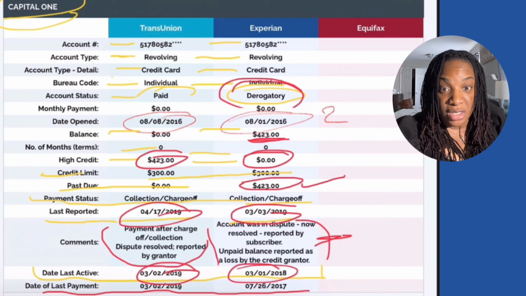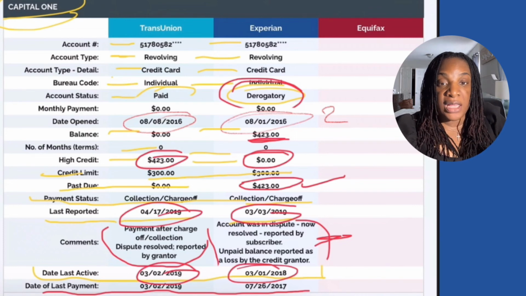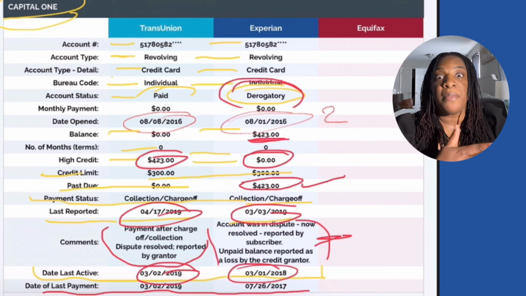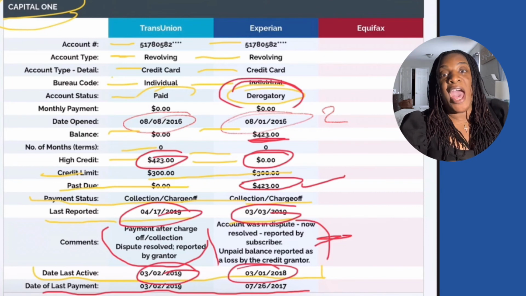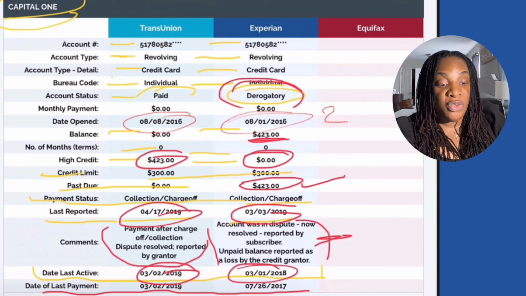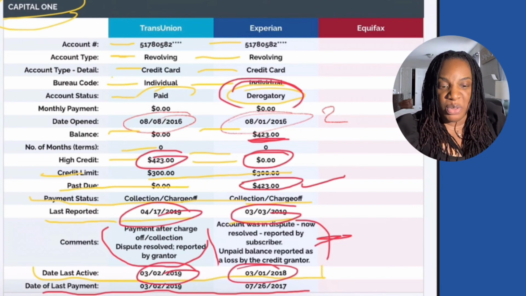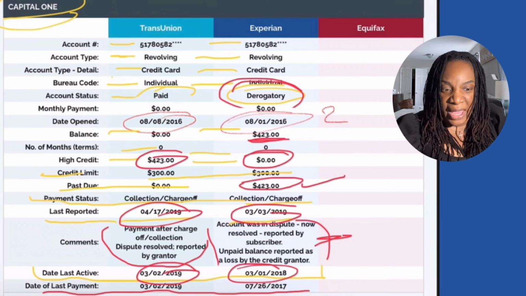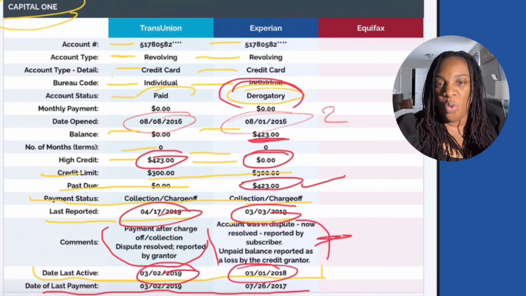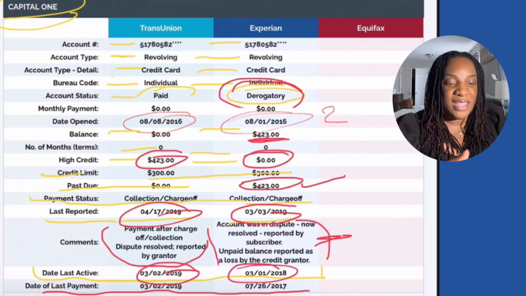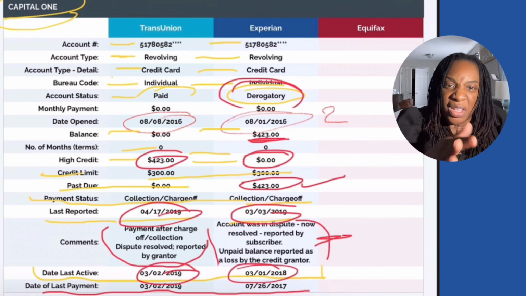So here are your dispute reasons, and take those dispute reasons when you find them, and wage war with them. I recommend that if you find a bunch of dispute reasons on one account, like I just did on this one, don't use up all your ammo in one punch. Save some dispute reasons for later. Use one of your really good ones, and then a few of your okay ones.